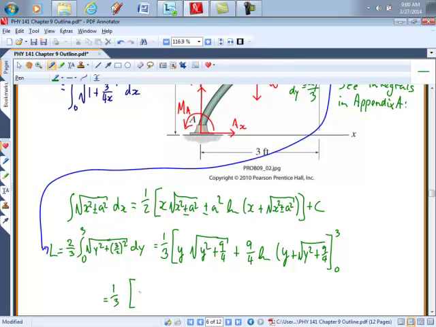So when y equals 3, that's going to be 3 root of 3 squared plus 9/4, so it's 9 plus 9/4, that'd be 45/4, plus 9 over 4 ln of 3 plus, that's still going to be root 45 over 4.